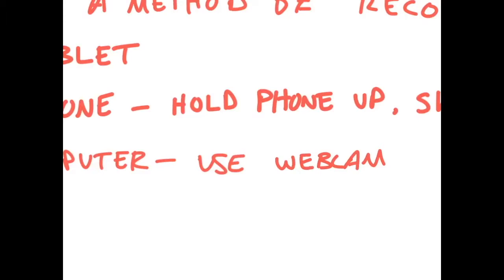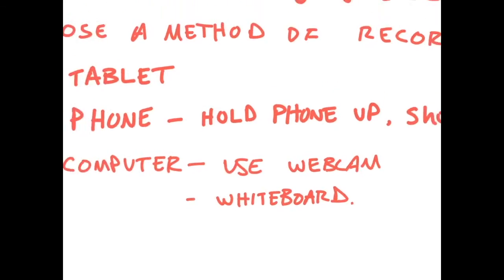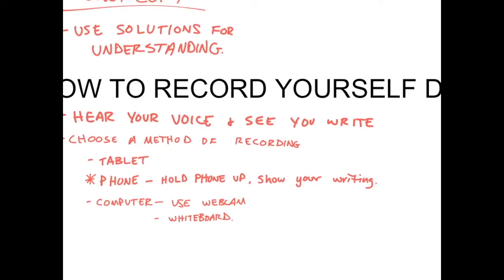So you can use a webcam on your computer and a whiteboard and write on that. But the main thing is, if you're going to use your webcam and a whiteboard, I need to see you write and hear your voice. It may be awkward. It may take a little bit of getting used to, but those are some ways that I want you to do.